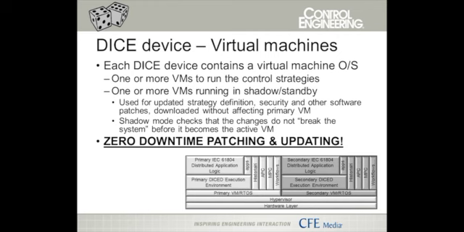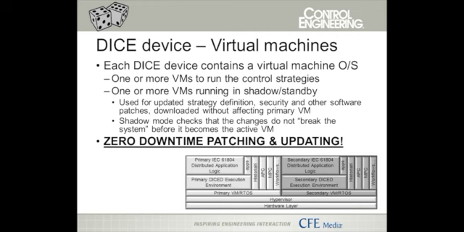Well, with virtual machines, you can patch the shadow machine, make sure that it is running, run it in some sort of shadow mode where it's checking its outputs to make sure that things haven't broken, and then in one cycle switch over from the shadow to the actual machine. We can have zero downtime patching and updating.